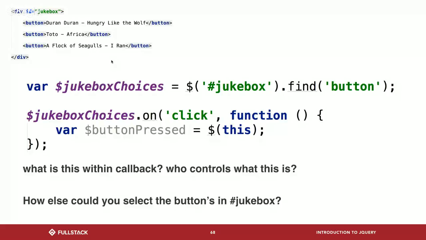So what's the difference then between using the $ jQuery function as a selector and something to cast it? Because let's say that that button, the total button, had its own ID. Would that be any different than saying button pressed equals $ ID total? I'm not sure I understand. So that this is a specific DOM element, right? Right, and it all depends on what you want to do.